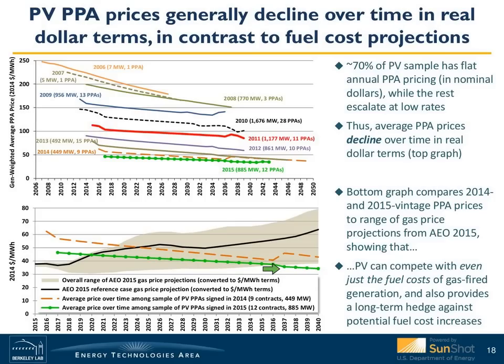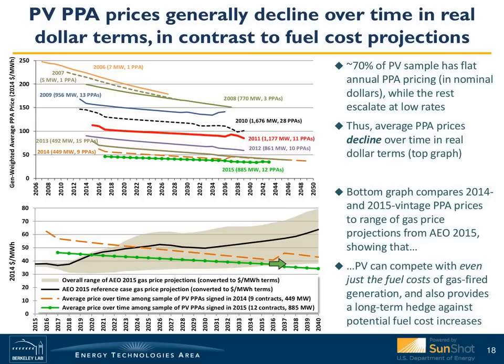And if you were actually to levelize these two lines, the reference case line and then the green PPA line, you would find that the levelized solar PPA price is a little bit lower than the reference case fuel cost projection. So, even though this is obviously a very high-level comparison, I think what it shows is that PV can potentially compete with even just the fuel costs of existing gas-fired generators, not even taking into account any sort of fixed capital cost recovery.